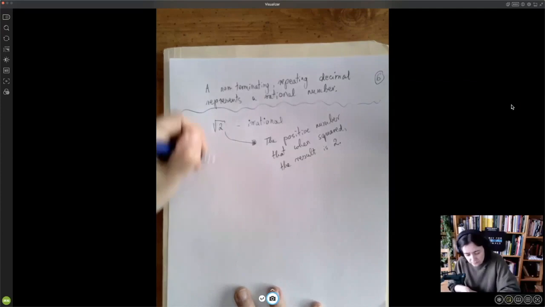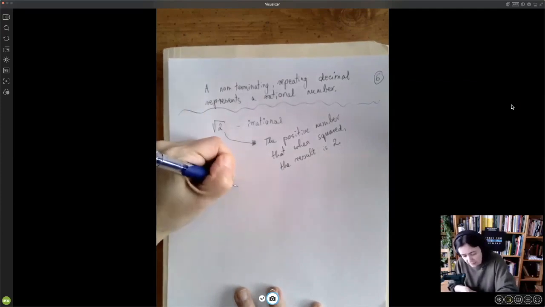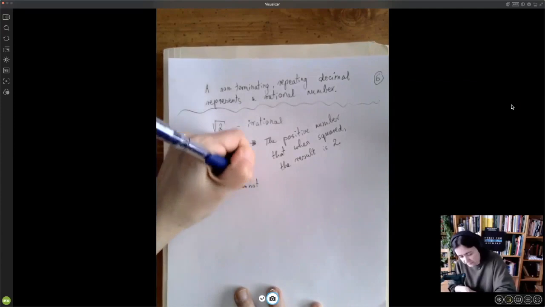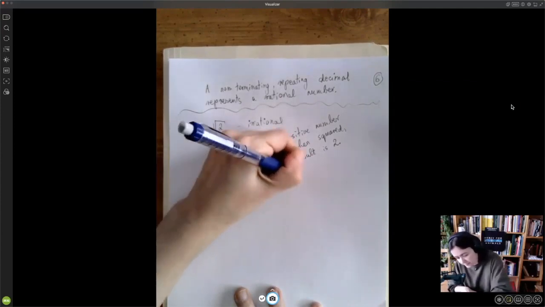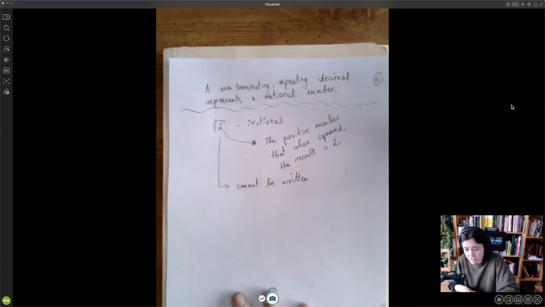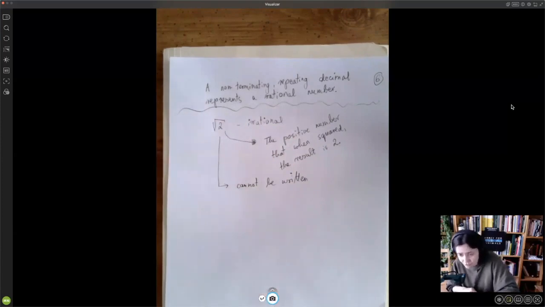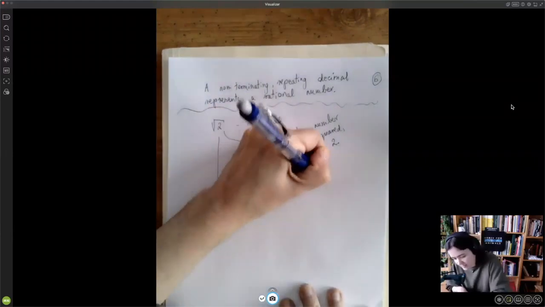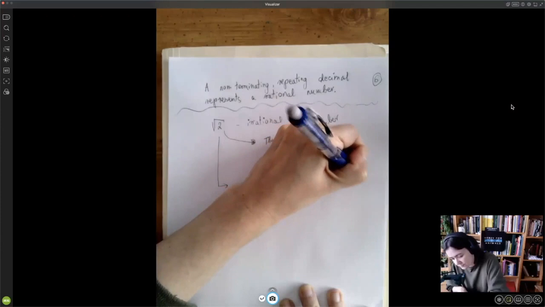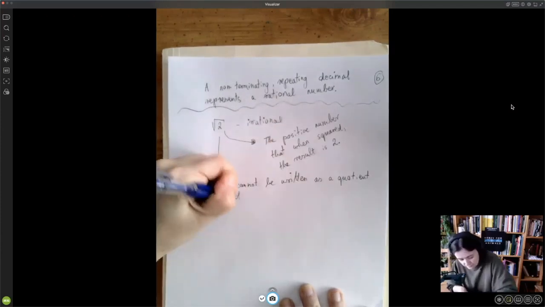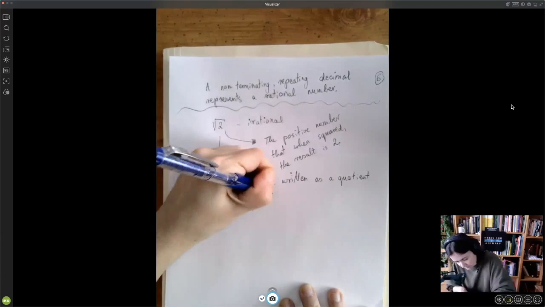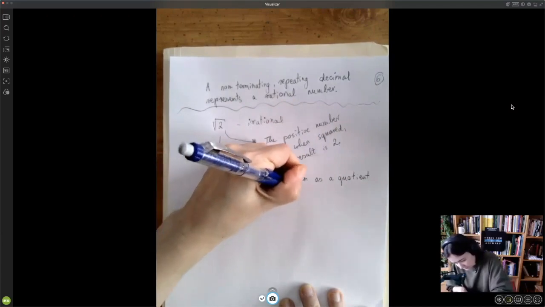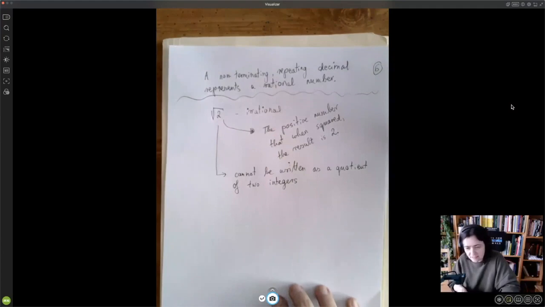So it cannot be written as a quotient of 2 integers. In other words, we cannot write it as a fraction. Well, we can write square root of 2 over 1, but that does not get around the issue that this is a strange way of describing this.